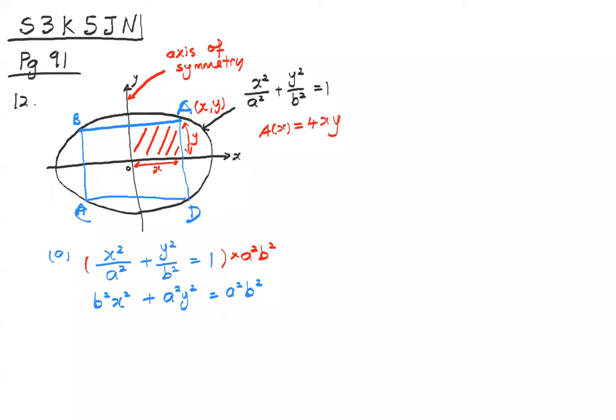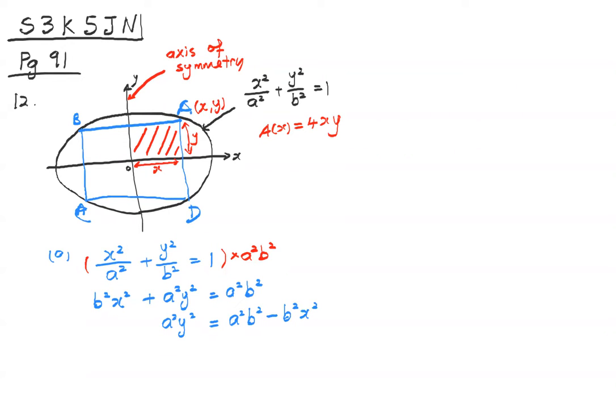Will that be fine for you? Times every term in the equation with a squared times b squared. Okay? So far, so good? So now my a squared times y squared will be equal to a squared times b squared, take away b squared times x squared.